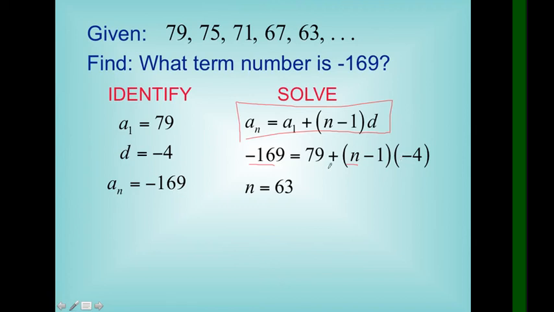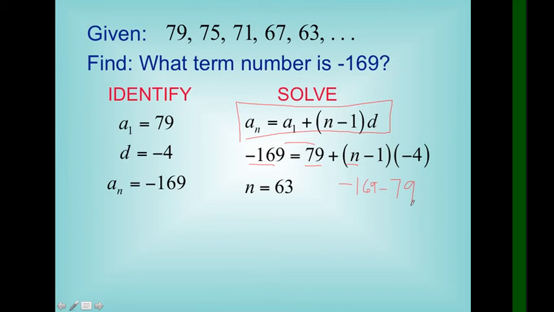First, we move 79. We will transpose 79. So, that will become negative 169 minus 79, because as you can see, it is positive, so it becomes negative when you move it.